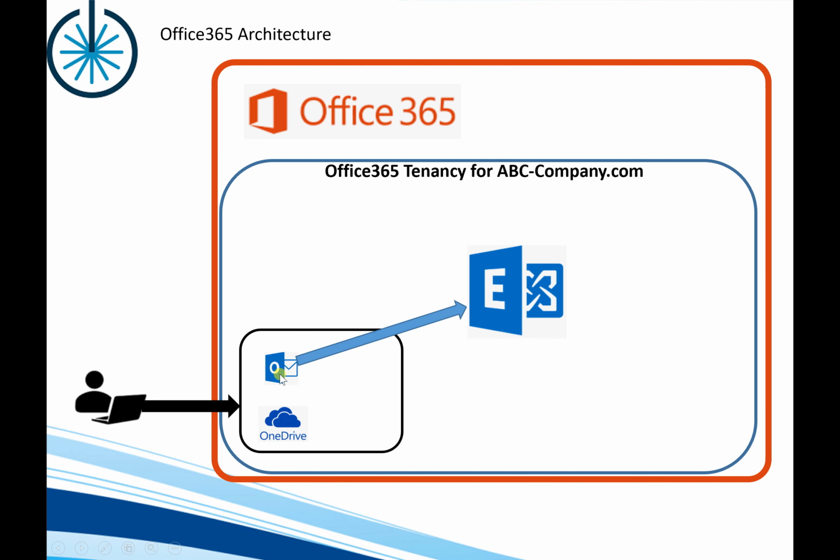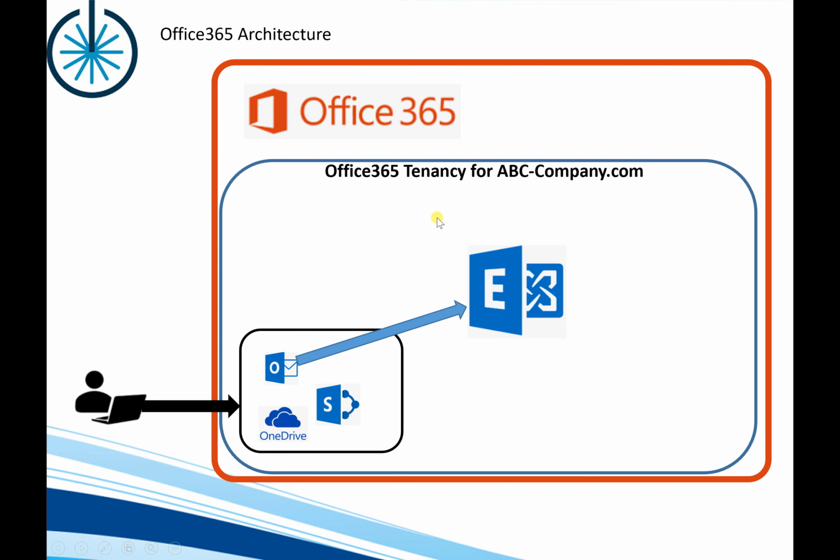My Outlook is connected to the Exchange services, which my administrator will administer. And I'm going to go into that in just a minute. But when I log into my portal, my personal one here, and I see my OneDrive icon, I see my Outlook icon, I click on my Outlook icon, but that's accessing the Exchange services within my company's tenancy.